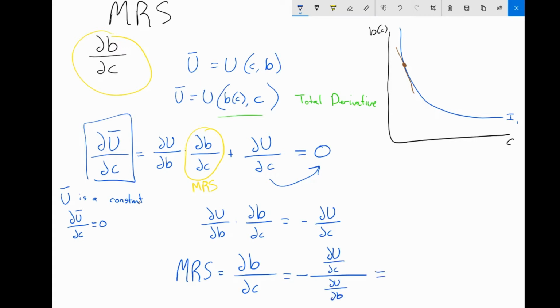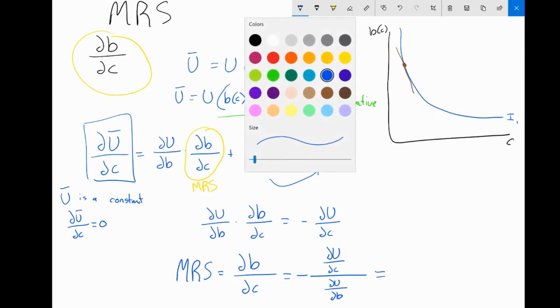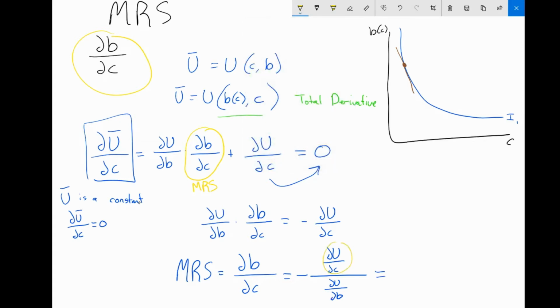Now you'll notice here that this is the marginal utility of c. So here's the derivative of the utility function with respect to c. It tells me how much utility goes up given a marginal increase in c.